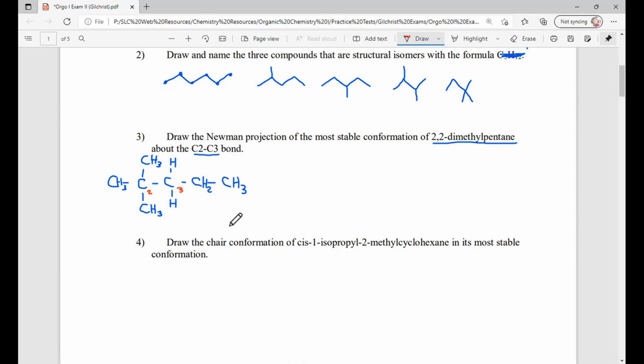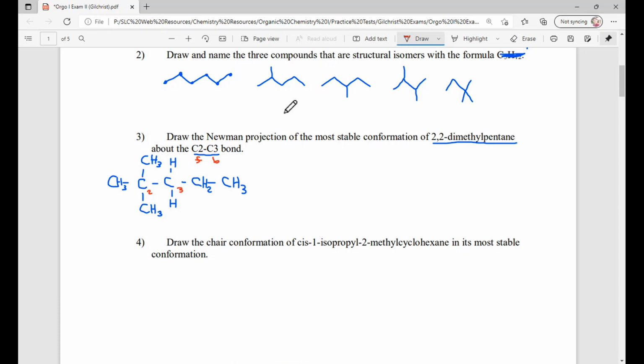Since I want to see all bonds to those carbons, all bonds to carbon 2 and all bonds to carbon 3. So there's 4 bonds around carbon 2, 4 bonds shown around carbon 3. And the reason I want to do this is because you're sighting down the 2-3 bond, which means the 2 is your front and your 3 is your back.